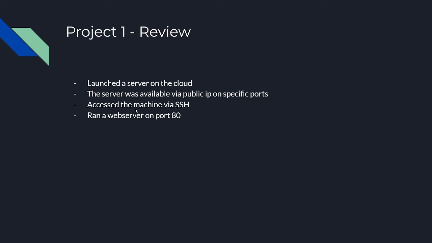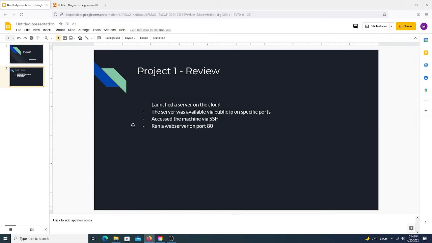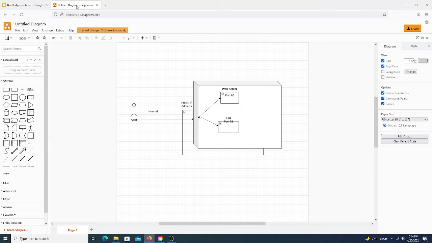Now, to get a quick visualization of what we did, we're going to check it on this little diagram. So what's happening is that when you're reaching the internet, say you're here, the little person, when you access the machine via the public IP address, you're saying, "Hey, I want to contact the machine," which is this cube right here.